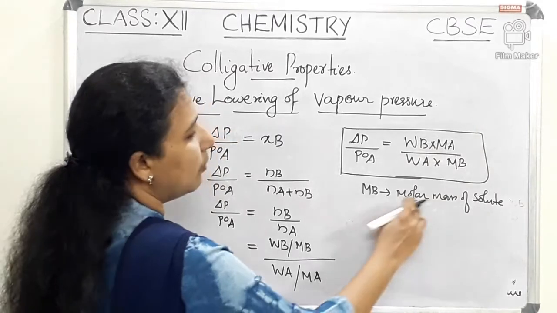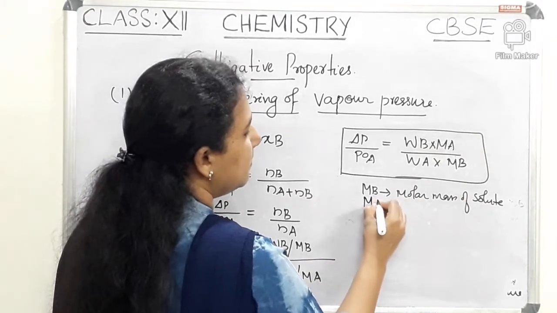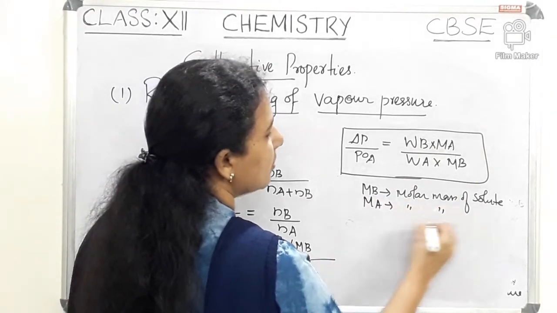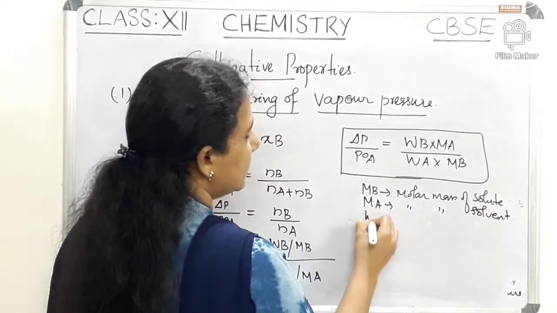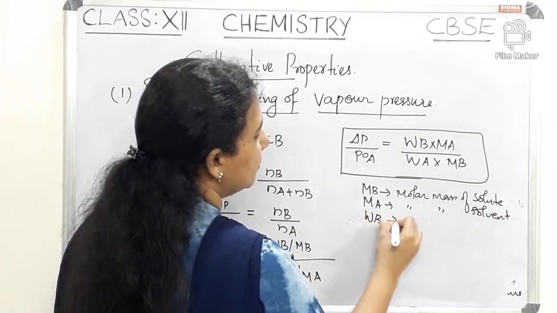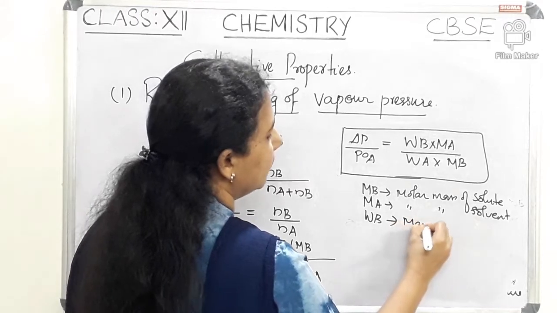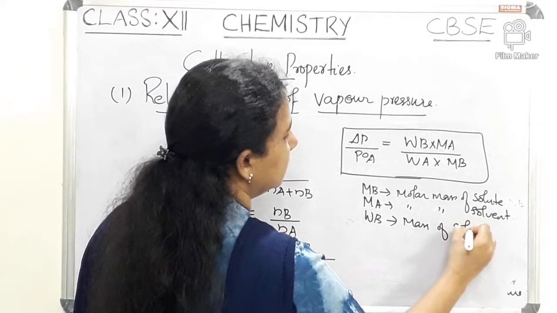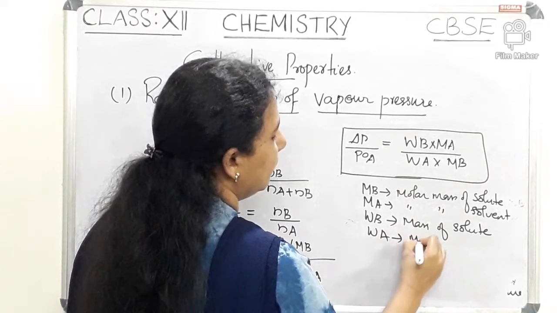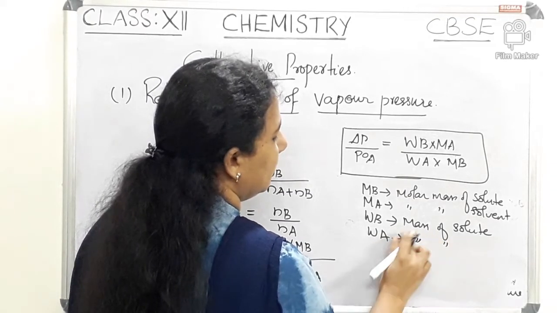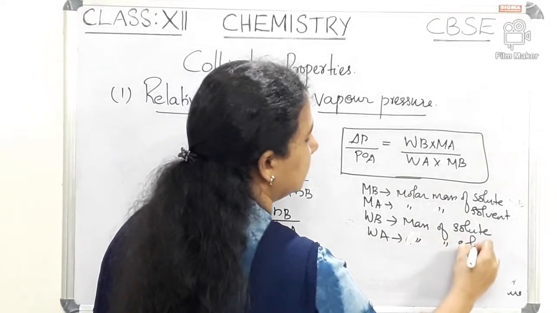So MB is the molar mass of the solute, MA is the molar mass of the solvent, WB is the mass of solute, and WA is the mass of solvent.